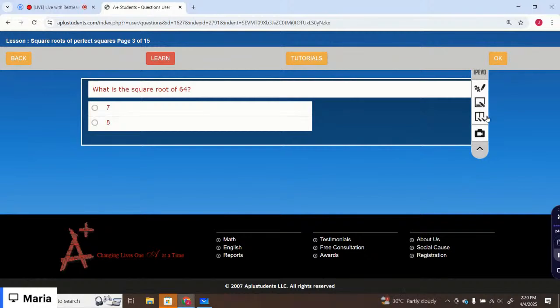That is 8 times 8 is 64. So the square root of 64 is 8. Option number 2 is the correct option.